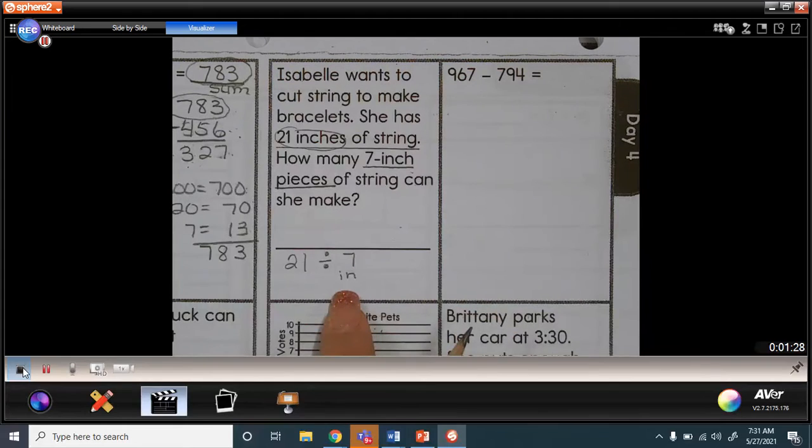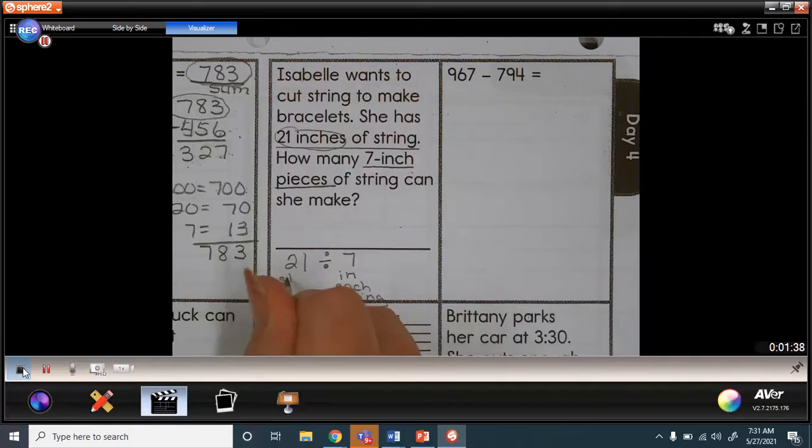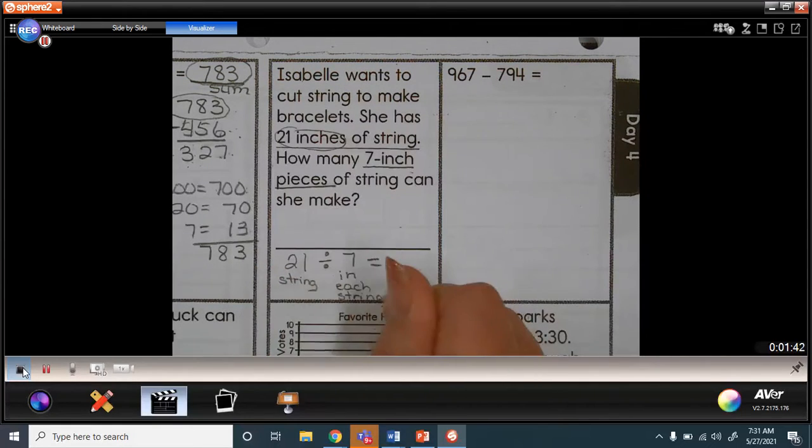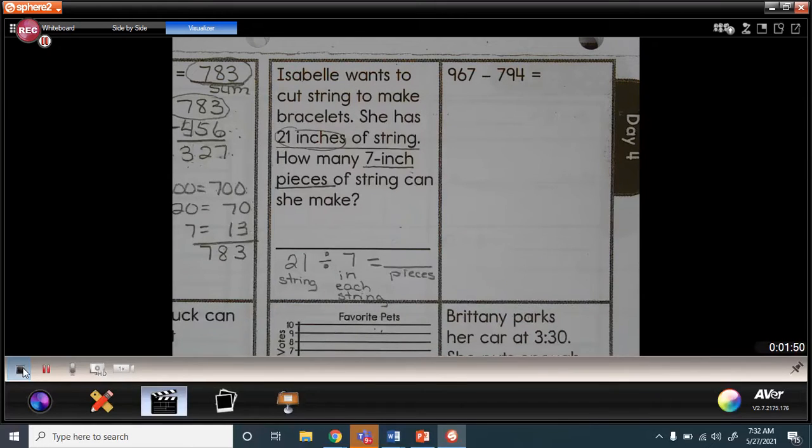So this is how many inches are in each group or each string. And this is all the string. This is total string length. And we want to know how many groups or how many pieces, the pieces are the groups, we are going to be able to make.